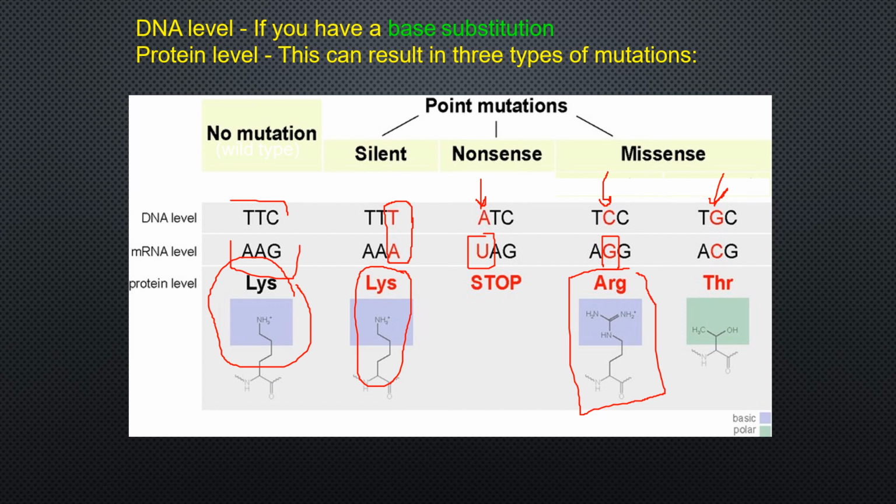The mRNA level would have been a cytosine, and then we're coding for yet another amino acid. So that's the wrong amino acid in that particular sequence, which may at the primary structure not quite look bad, but by the time you start getting into secondary structure and tertiary structure, all of these chemical bonds make a difference in how the protein is folded, and so we're going to have the wrong protein.